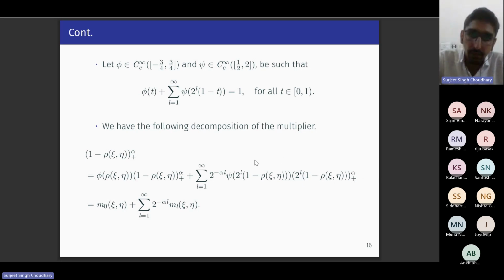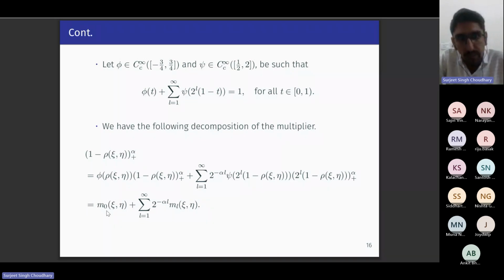Then this function psi times 2 to the power L times 1 minus rho of xi comma eta is the smooth function now. We denote it by m_l of xi comma eta, and we denote the first function by m_0 of xi comma eta. So it's enough to prove LP boundedness for m_0 and m_l.